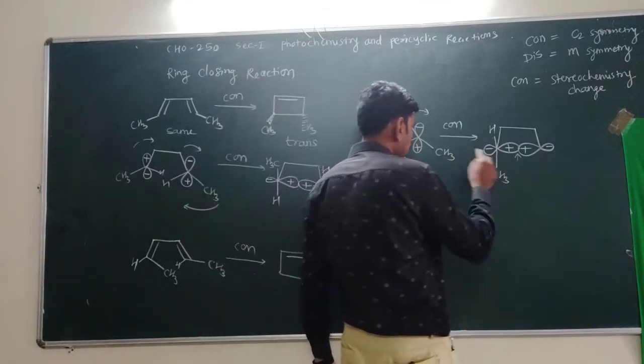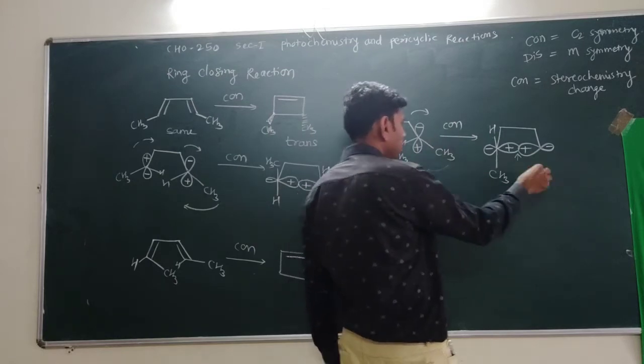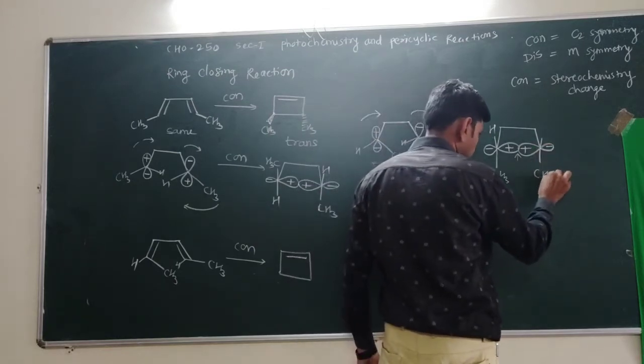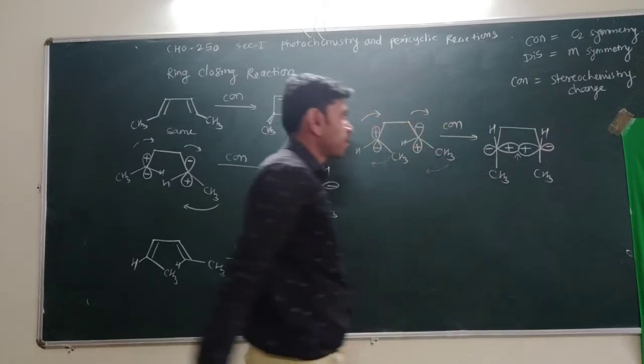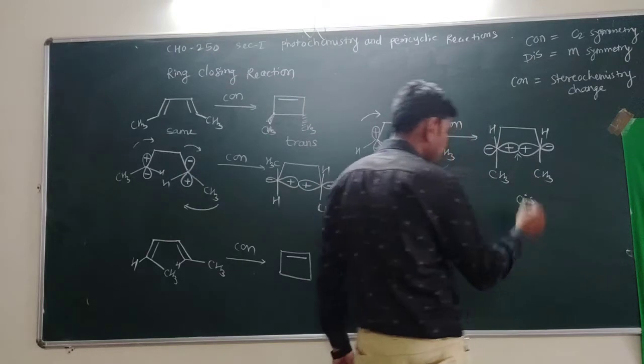The other CH3 when rotated takes this position in the downward direction, and this H is in the upward direction. What is the stereochemistry of this molecule? It is cis.